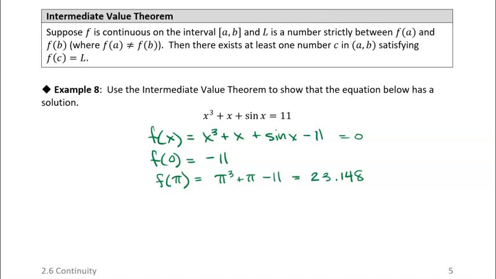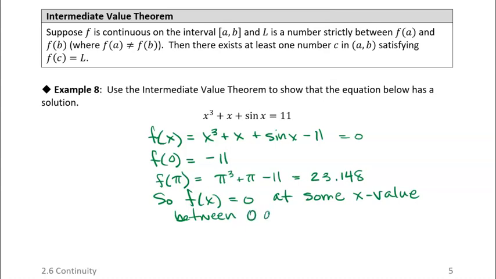All right, so I know that f of 0 is negative, f of pi is positive, so that means f of x has to be equal to 0 at some x value between 0 and pi.